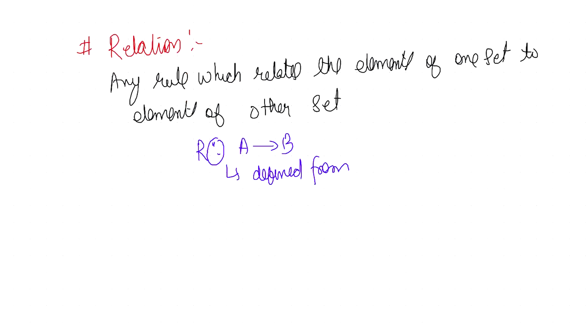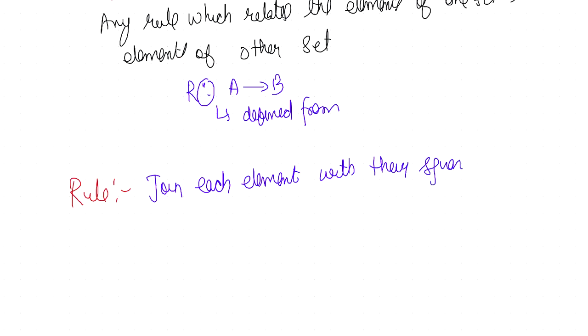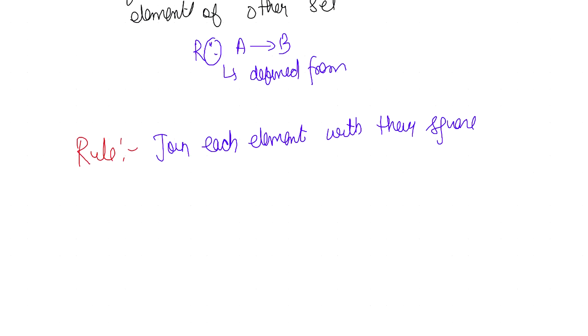So let's set a rule, and this example we'll use for upcoming 8-10 examples. Okay. So the rule is join each element with their square. So we'll take two sets and we'll use this formula everywhere.